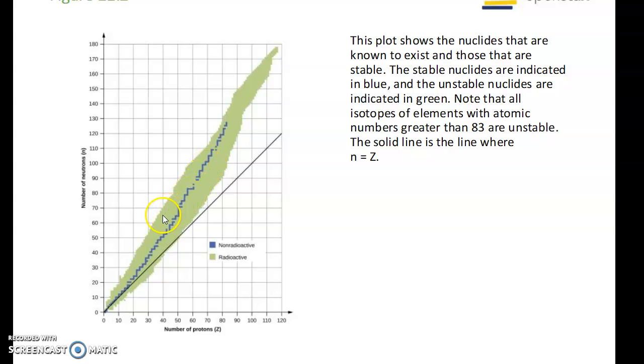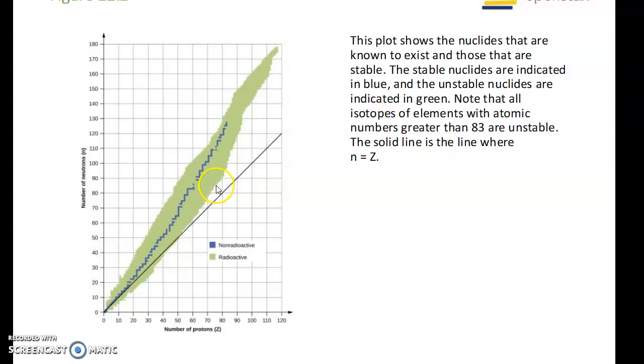If you have more protons than neutrons, you're going to end up with a lot of different radioactive elements. As a matter of fact, throughout this entire range up here, everything is a radioactive element. So you notice that all the isotopes with atomic number greater than 83, that's right here, are unstable.